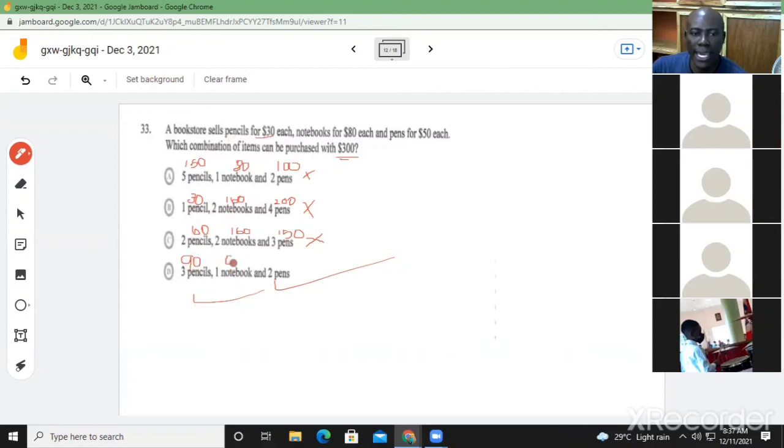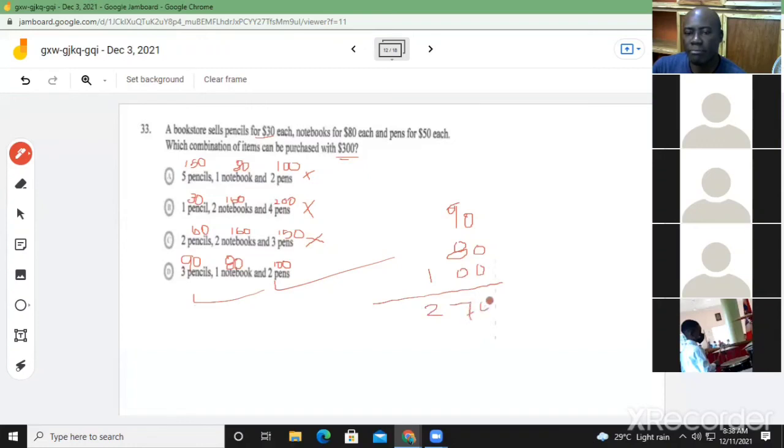1 notebook, $80. Sir, we also did this one. Okay, very good. It's very good that you're practicing a lot. When you add up all of this, we will get, let's say this is 90, 80, and then 100, we will get $270.